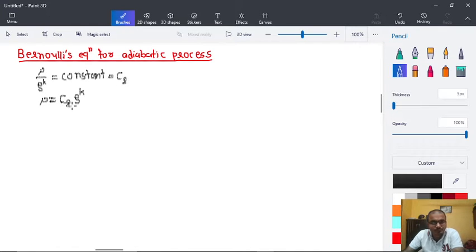Now we can also write down the value of rho. Rho raised to k is equal to P over C2.